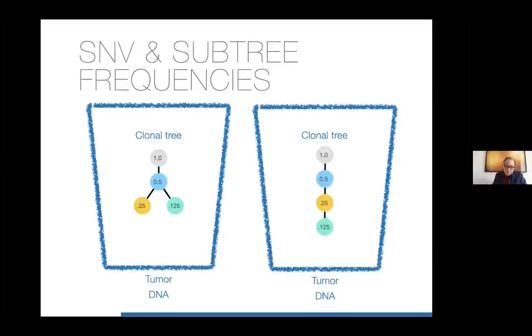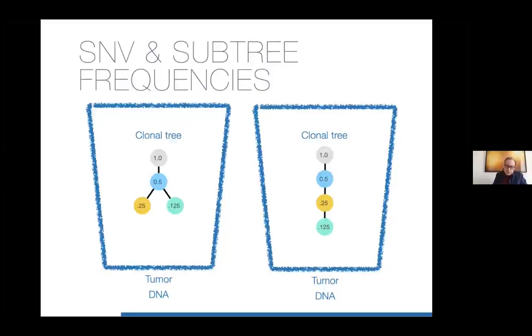But there's a huge difference here because below this one, there's a subclone which has a quarter of the cells, which means that the cells that live exactly at this clone are a quarter of them.